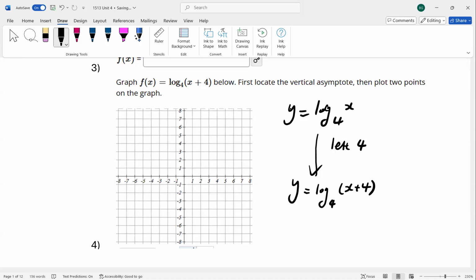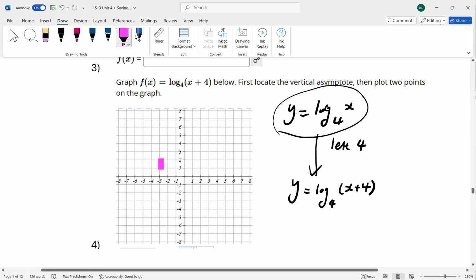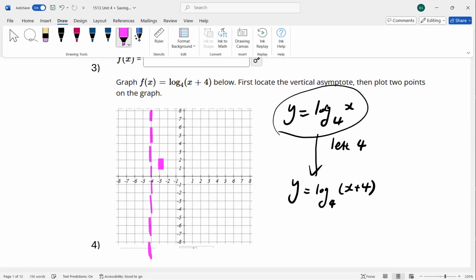The asymptote for this log function is the y-axis. Since we shift to the left 4 units, the asymptote will be here. It was the y-axis.